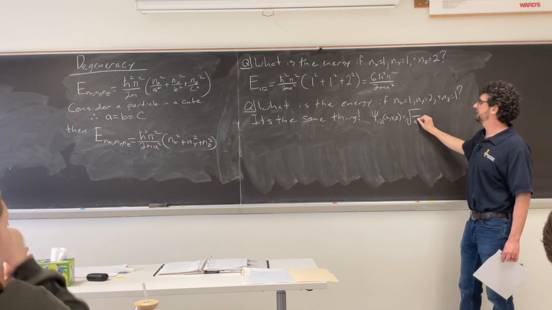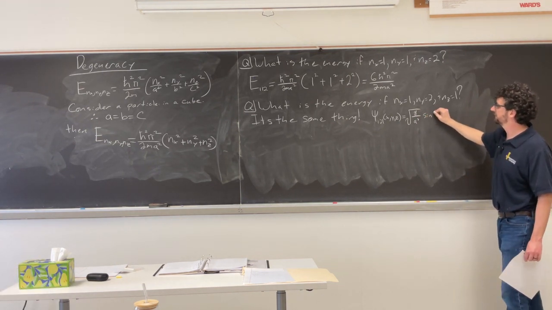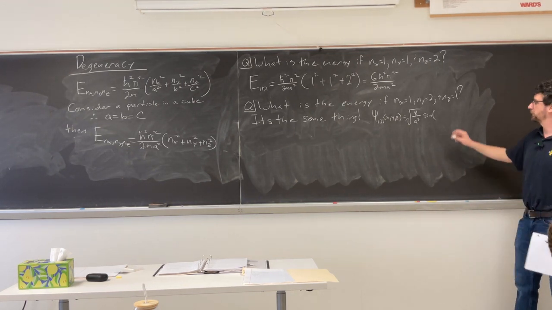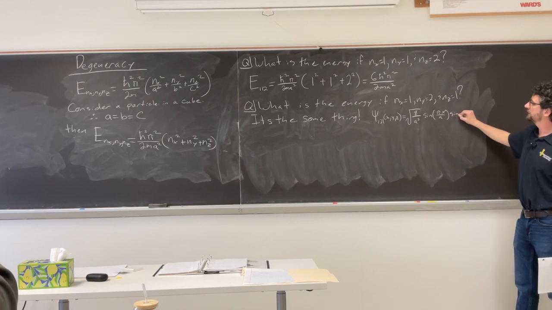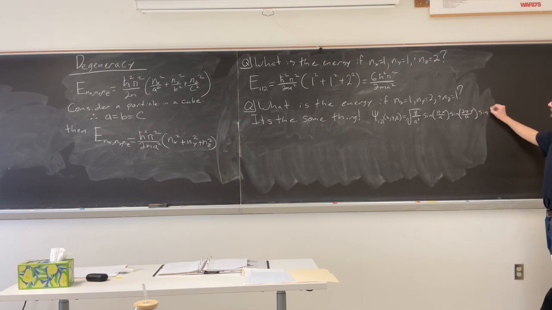We'd have a cubed here, 8, sine of what goes in this one? First term. Yep, 1. So we'd have pi x over a, sine of what's going to be in this one? 2 pi y over a, sine of what? Yep.